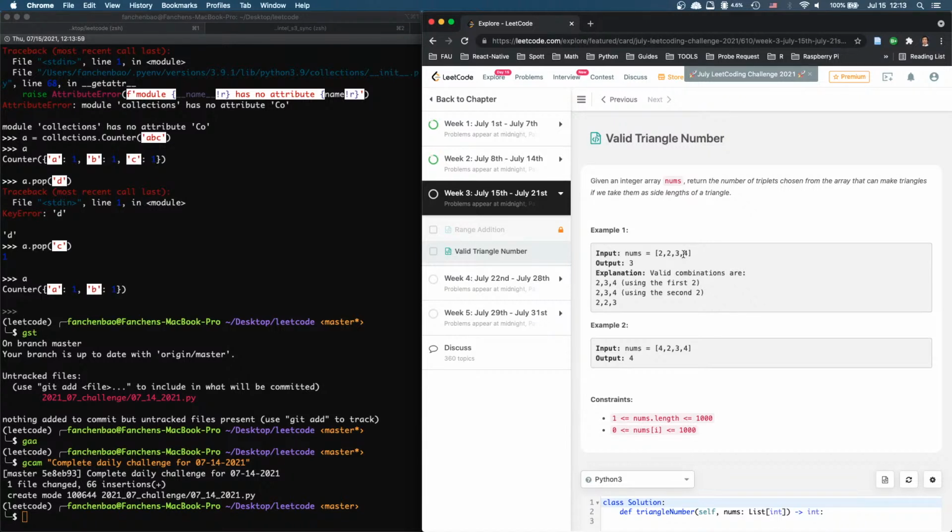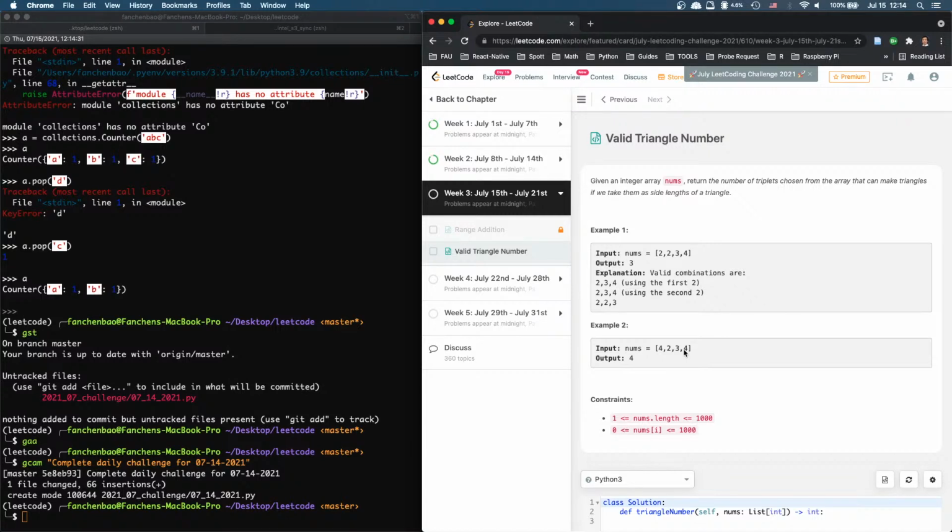Okay, so if we sort the numbers, 2, 2, 3, 4, and 4, right? So we sort it, and what we're saying is, if we have any smaller values, we add them together, and we see if there's another value that is bigger than them but smaller than the sum.